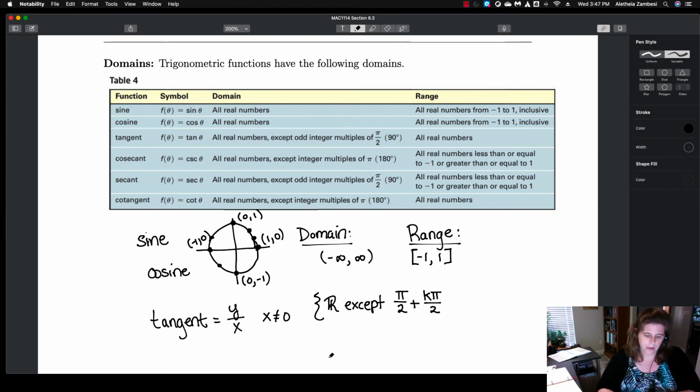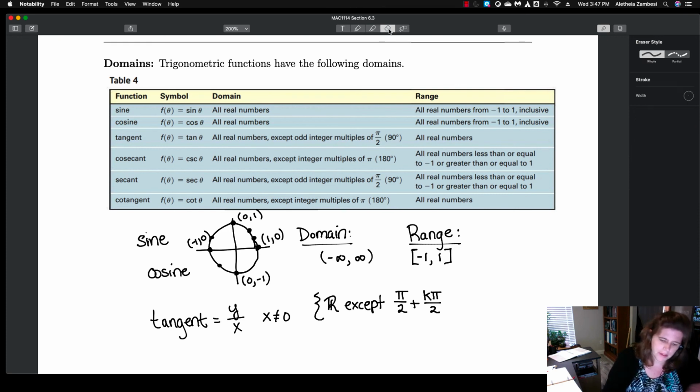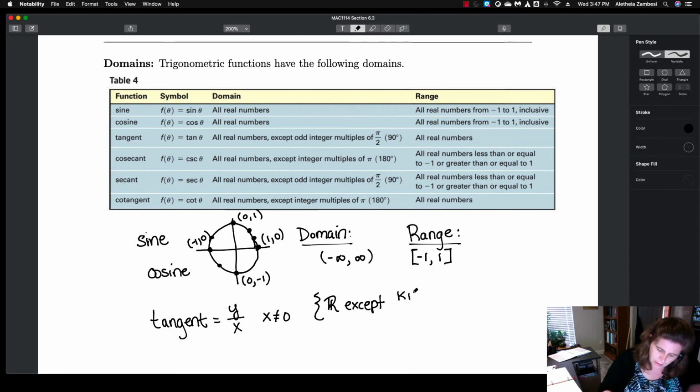So pi over 2 and odd integer multiples of pi over 2 is how they have it phrased here. So I'll phrase it the same way: odd multiples k pi over 2, where k is an odd integer.